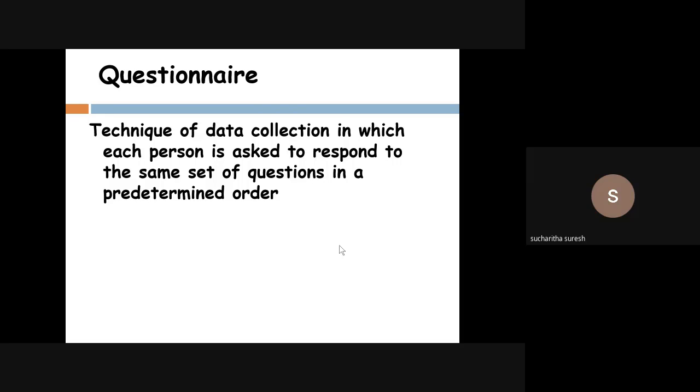They themselves can sit and give the response by themselves, and their privacy has to be maintained, in the sense you cannot disclose the information given by them. You cannot share it with anybody with the name.